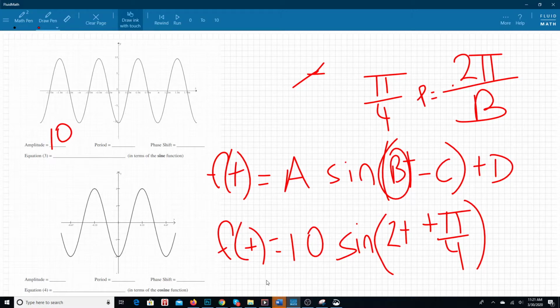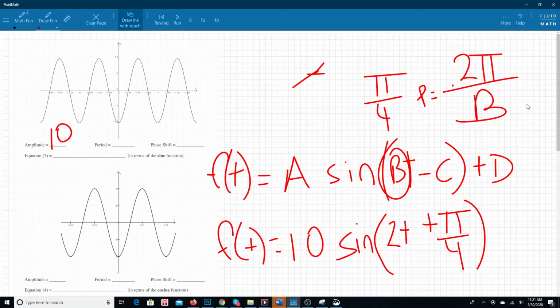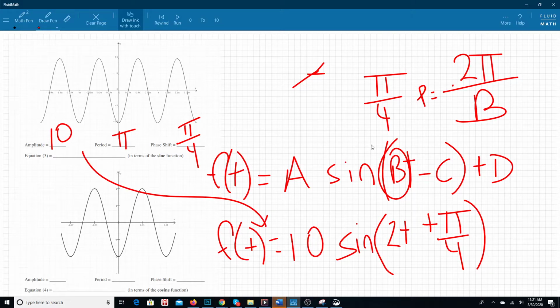Any questions on that one? Okay. So my period right here is going to be pi. My phase shift is going to be pi over 4. That's my equation.